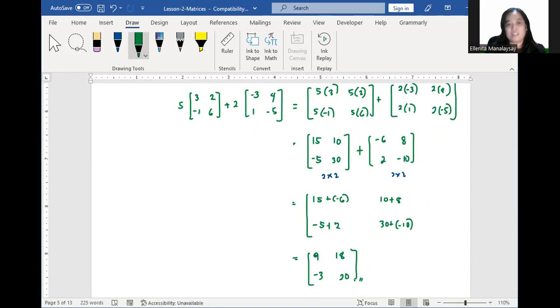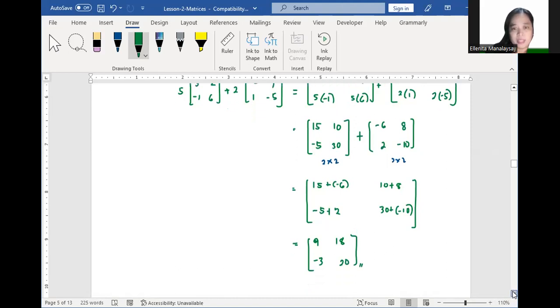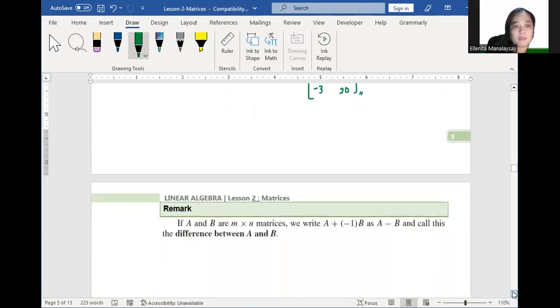Nauna kanina yung matrix addition, and then we have this concept about scalar multiplication, and now we can perform a more complicated operation. But this one is easy actually. It's not a complicated one, but this is more complex than the previous examples.